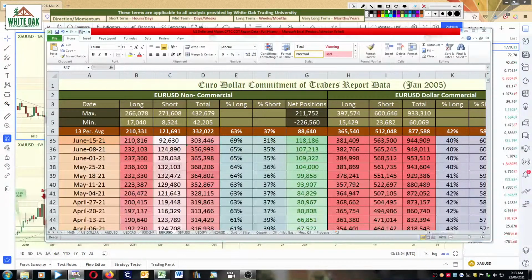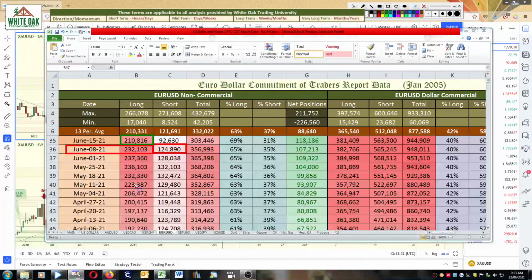All right? So let's bring some focus here to June 8. June 8, they had long positions of 232,000. They had short positions of 124,000. Now, as they're approaching contract expiration, they decided to shift their long positions from 232,000 to 210,000. Okay?